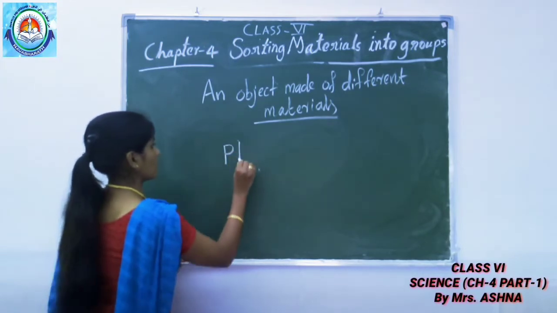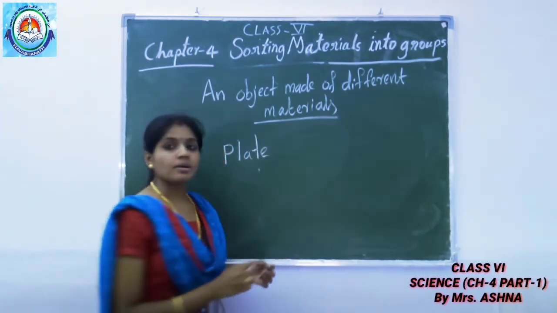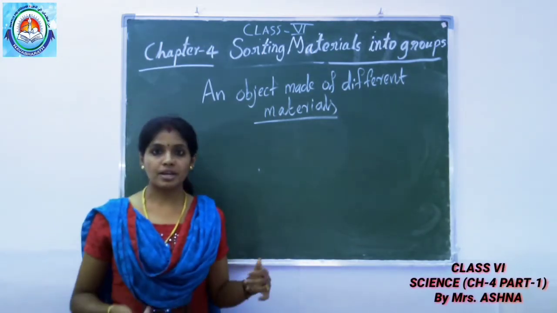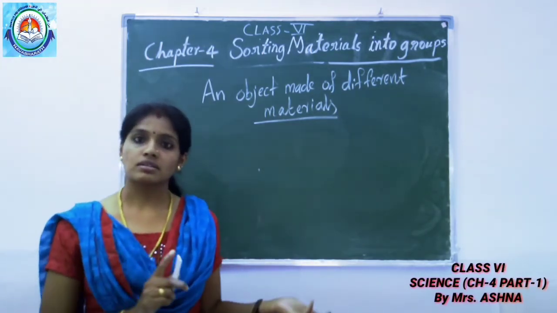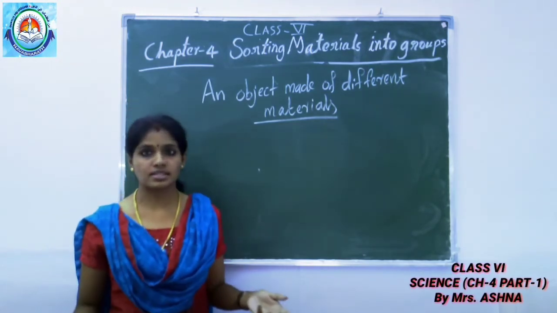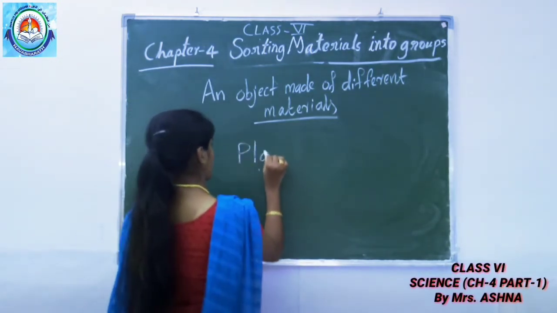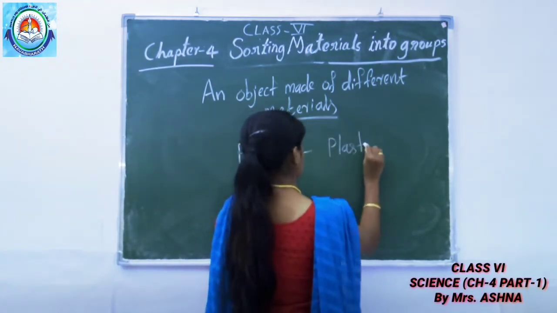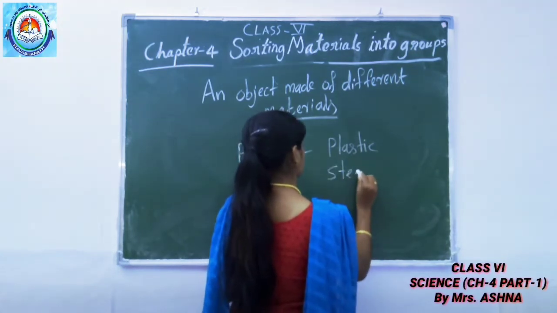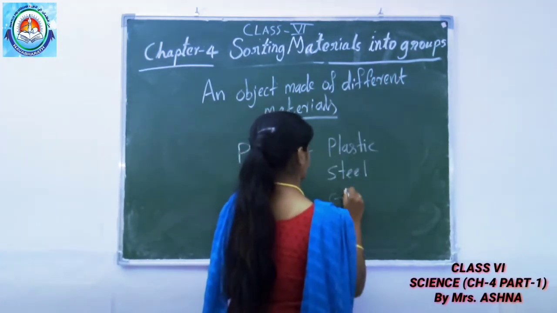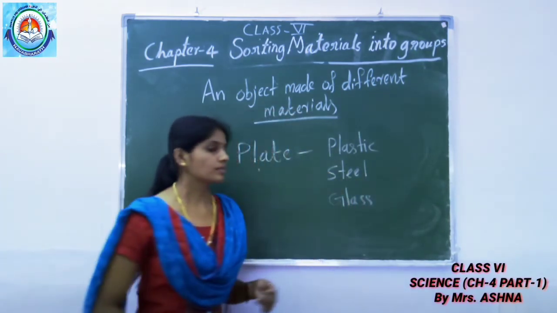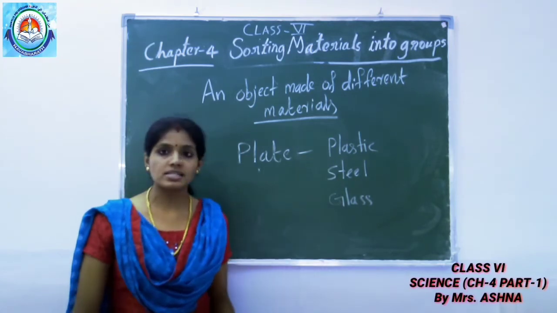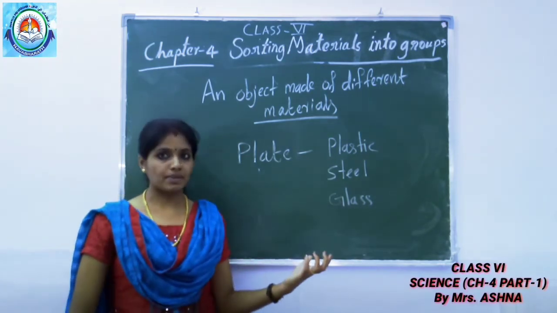Plate is an object made of plastic, steel, glass, etc. So, plastic, steel, glass materials can be used to make a plate.